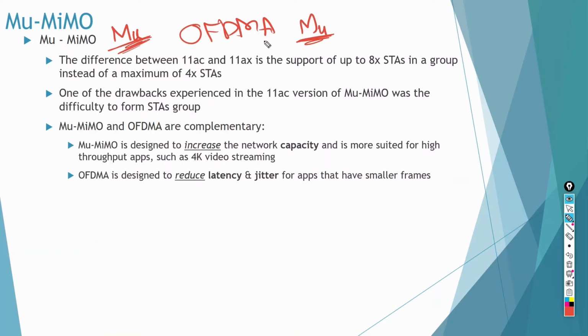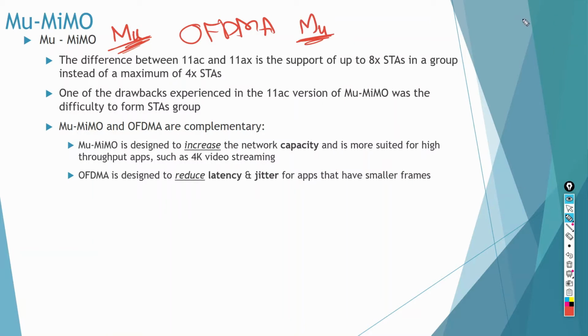It subdivides the channel into chunks and assigns each chunk to a user, allowing them to transmit or receive concurrently. So both are multi-user technologies, but when you build your Wi-Fi network, which one is better to use? The short answer is to have a bit of both within the cell.